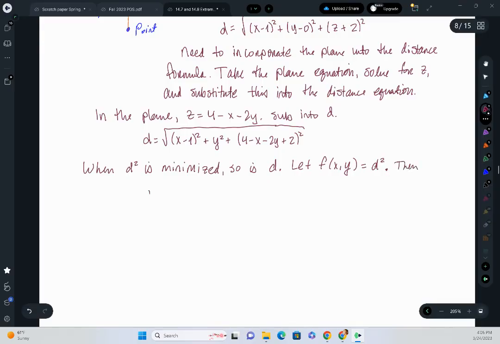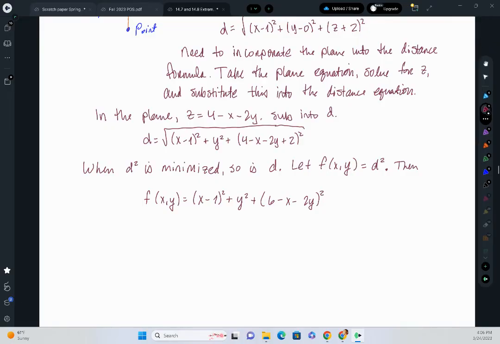Then f of x, y is equal to x minus 1 all squared plus y squared plus, in parentheses, let me just simplify that to be 6 minus x minus 2y all squared. So this is what we're going to find extrema for. Or this is what we optimize.